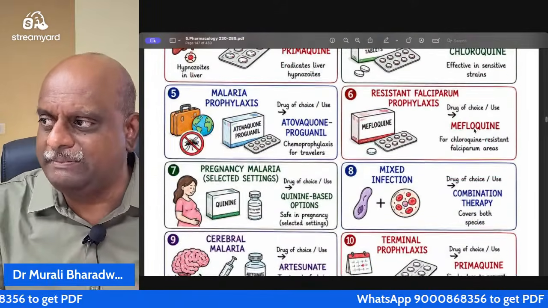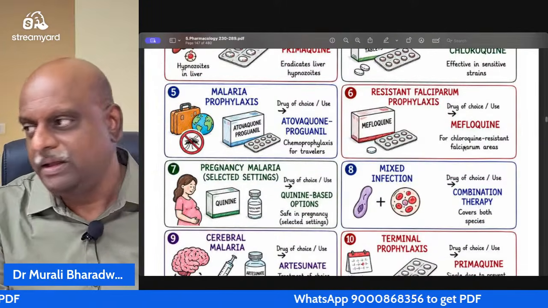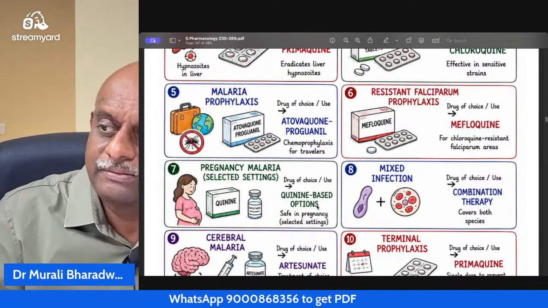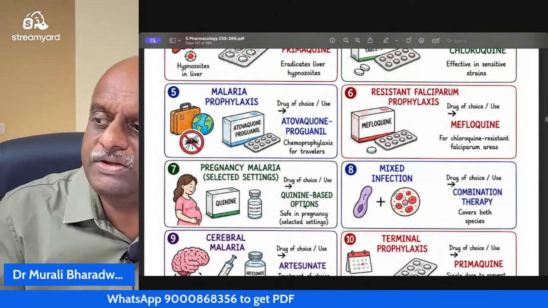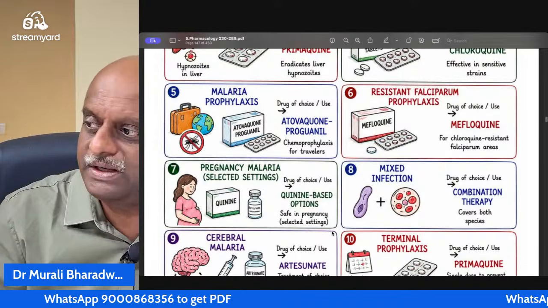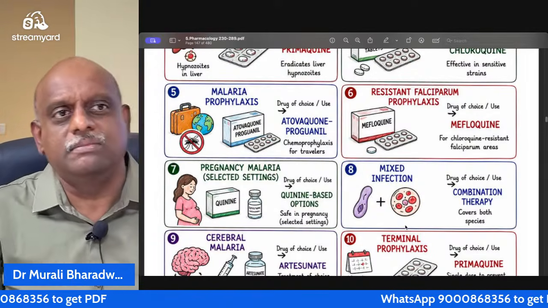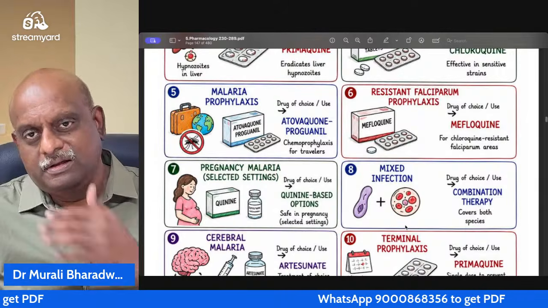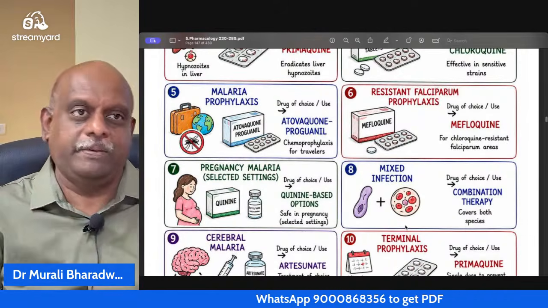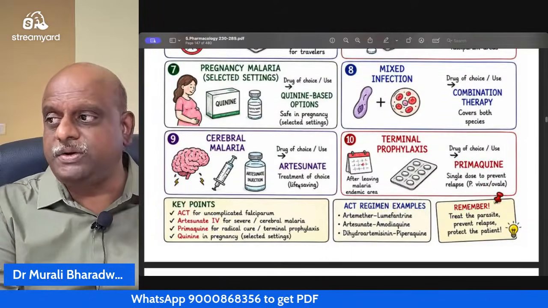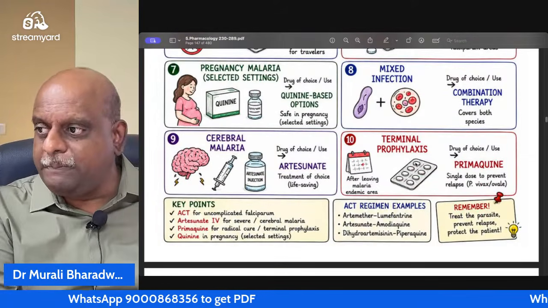Resistant falciparum prophylaxis is mefloquine. Pregnancy malaria, quinine-based options are safe in pregnancy. Whenever there is a mixed infection with multiple species, combination therapy. Cerebral malaria, artesunate. Terminal prophylaxis.